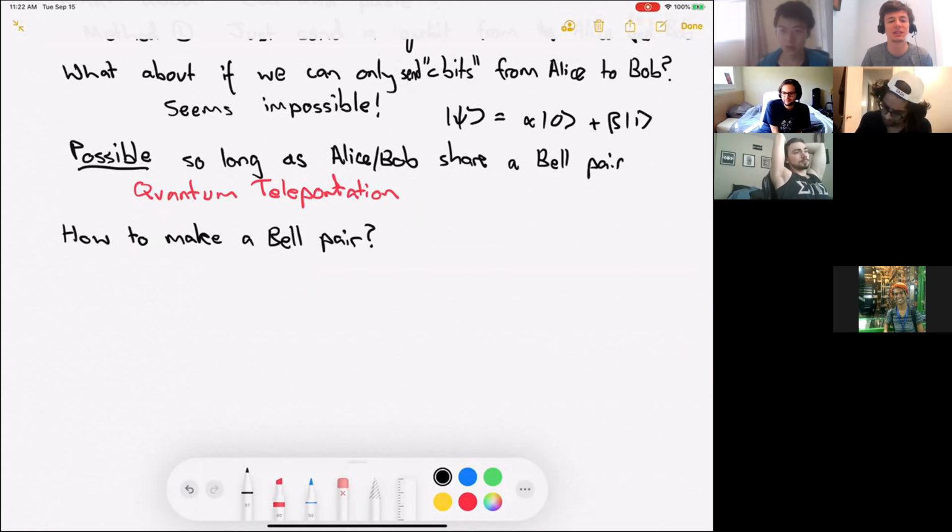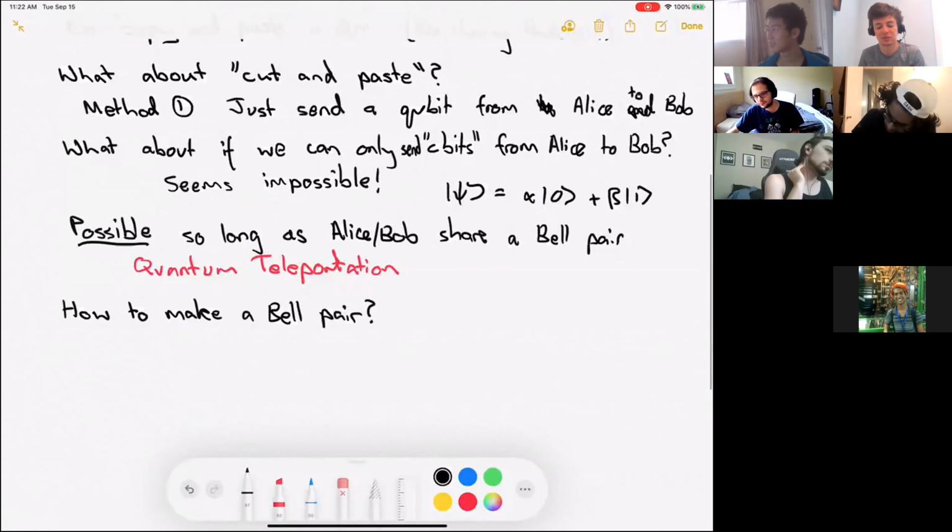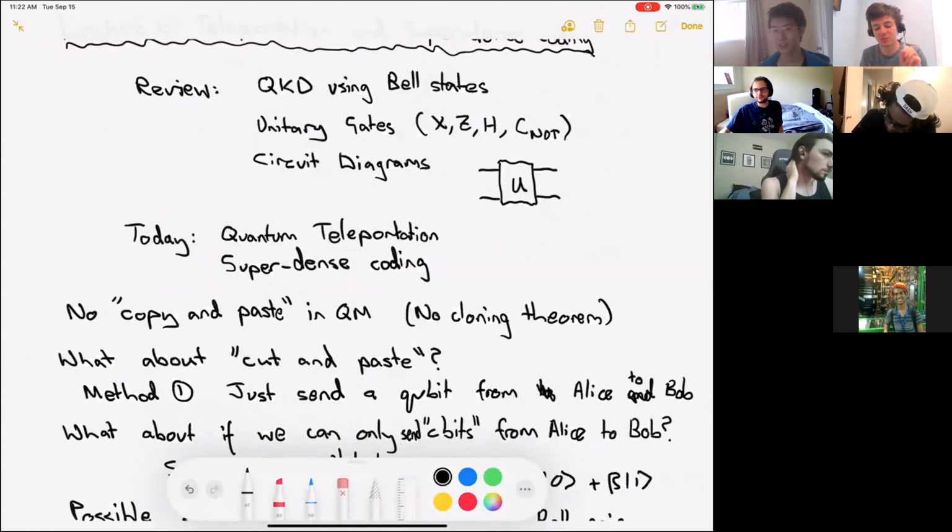So, anyone want to give a suggestion for how we can make a Bell pair using some gates that we've already seen? Of all the gates written up here, we have X, we have Z, we have the Hadamard, and we have a CNOT.